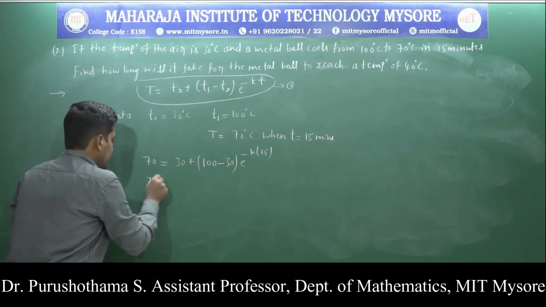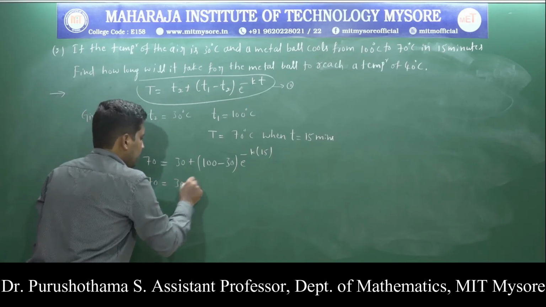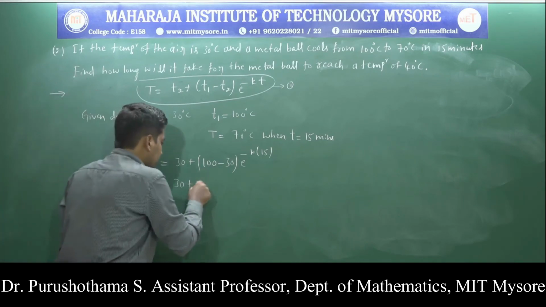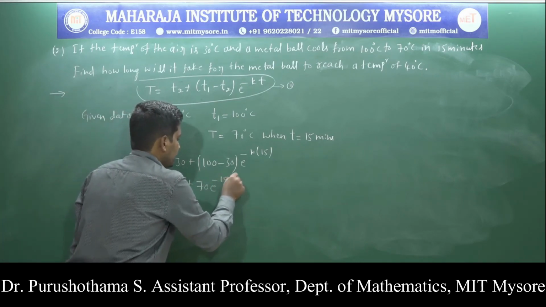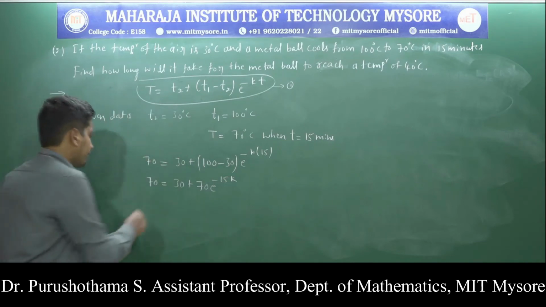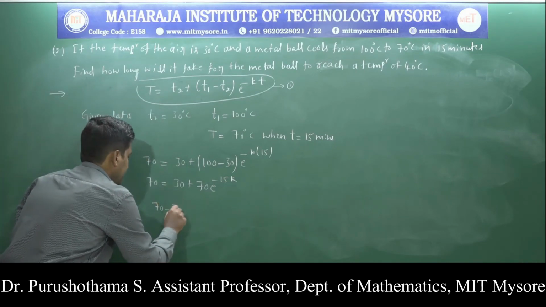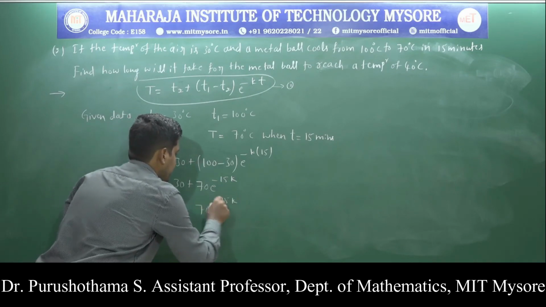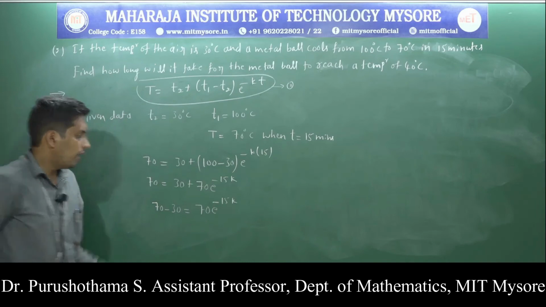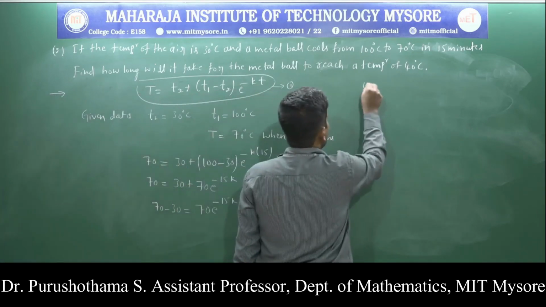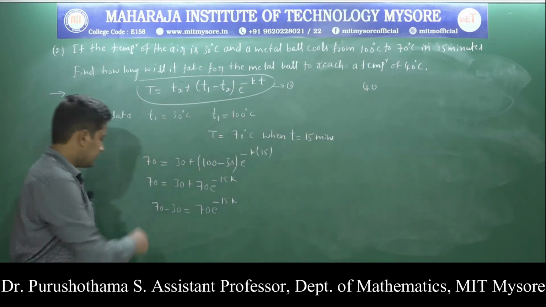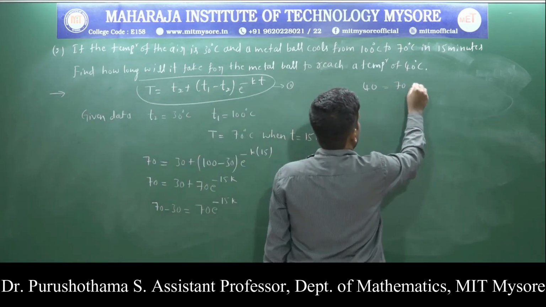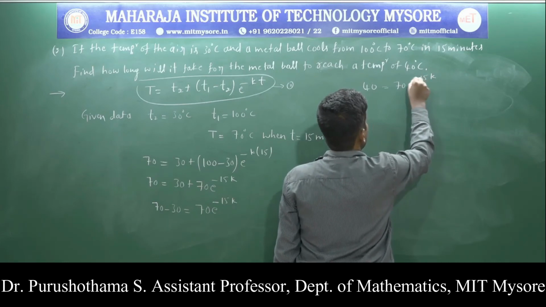Therefore, 70 is equal to 30 plus (100 minus 30), and 100 minus 30 is 70, into e power minus 15k. So 70 minus 30 is 40, which is equal to 70 into e power minus 15k.